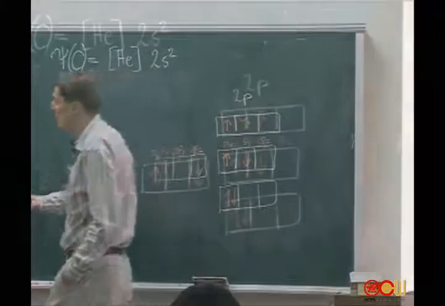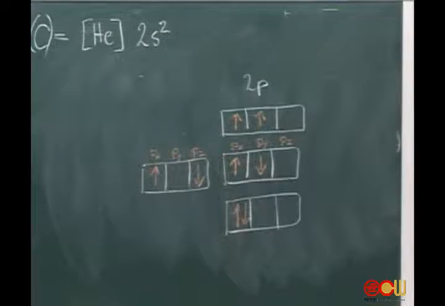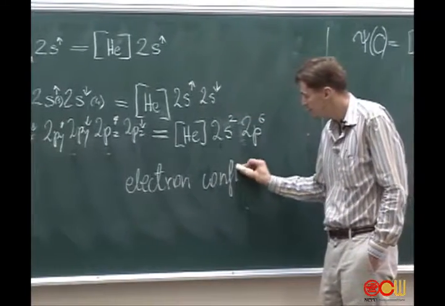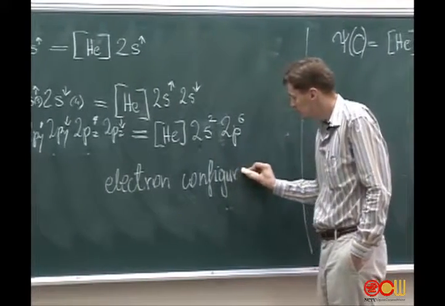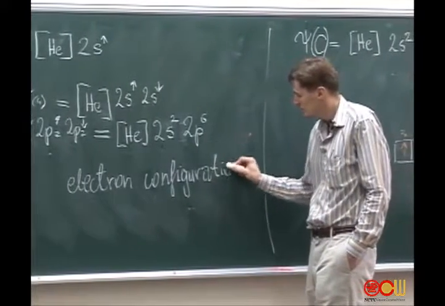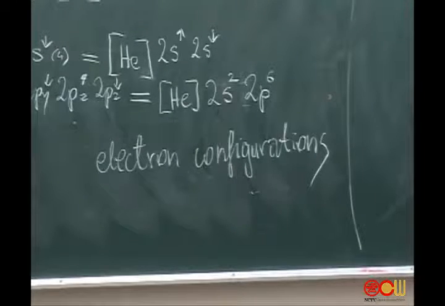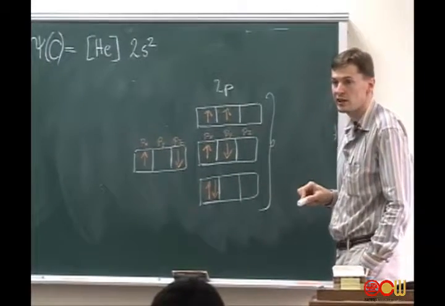So these things we are writing here are called electron configurations. These possibilities that I'm discussing here, this is what really is observed in experiment.